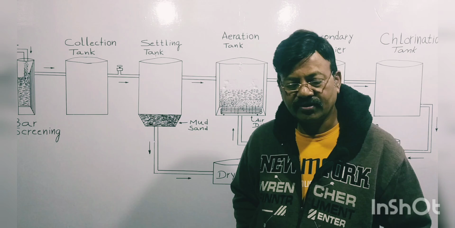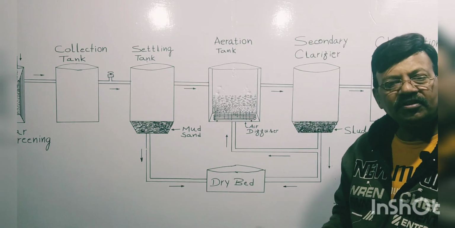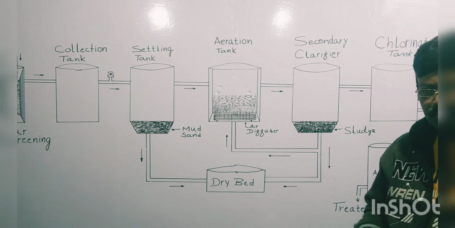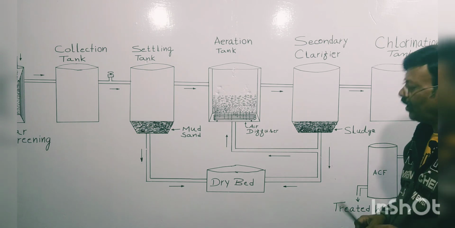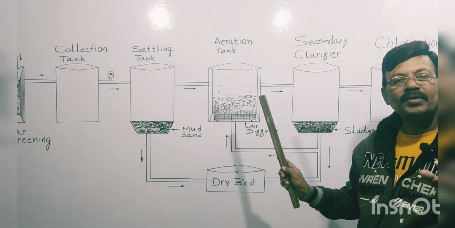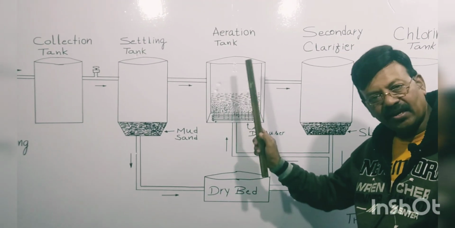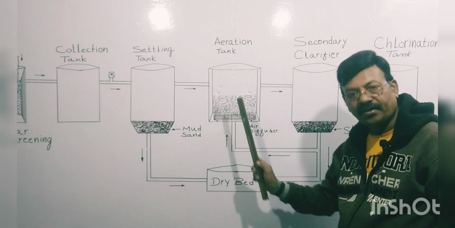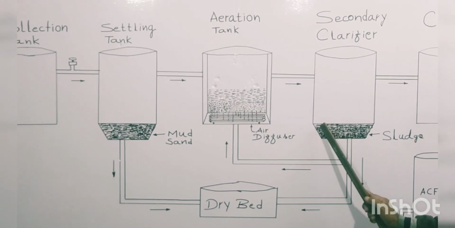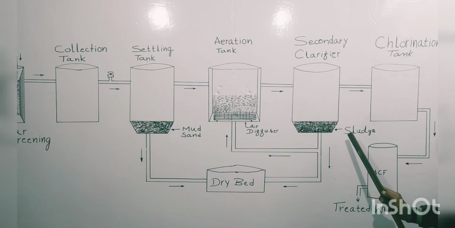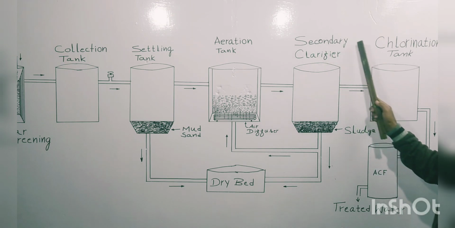It is like this. The flow chart of the sewage treatment plant which you are looking at, you just assume that it is in running condition, and a biochemical action is taking place in the aeration tank, because of which we are getting activated sludge in the secondary clarifier.